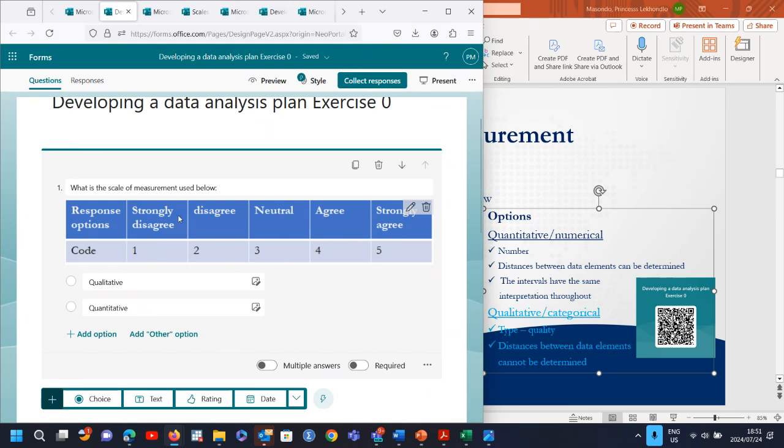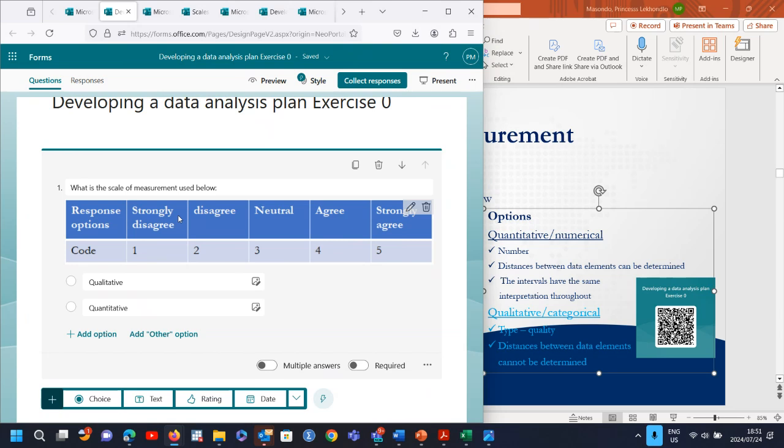But with this scale, you can't determine the distance between your data elements, and you can't really say that when you move from neutral to agree, you are moving the same amount as when you move from agree to strongly agree.